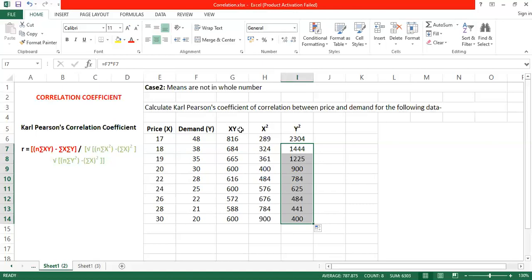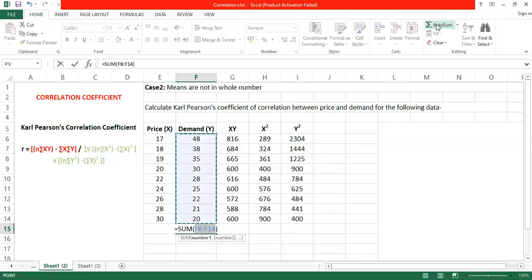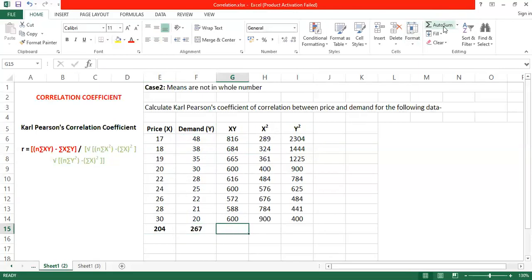So we have our XY, we have our X square, we have our Y square. Now let us get the summation for each column. So this is my sigma X, right? This is our sigma Y, right? This is our sigma XY. Likewise, this is our sigma X square and this is our sigma Y square, right?